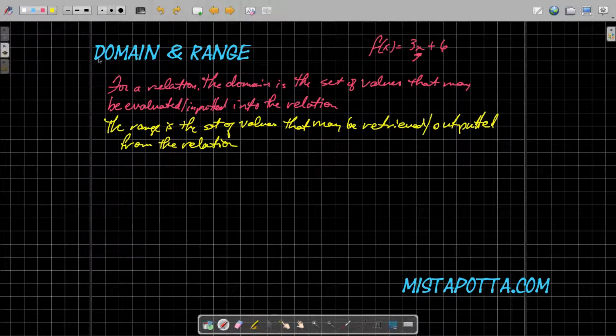So if you think of the function as a machine where stuff goes into the machine and then stuff comes out of the machine, my domain is all of the good stuff that's not going to break my function machine. Anything that's not going to break my function machine, that's going to be my domain. The range is all of the stuff that I could expect to come out of this function machine.